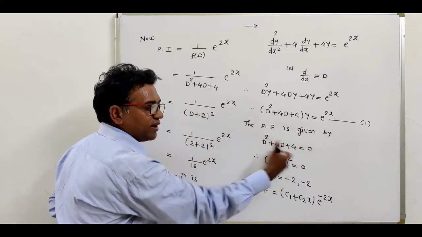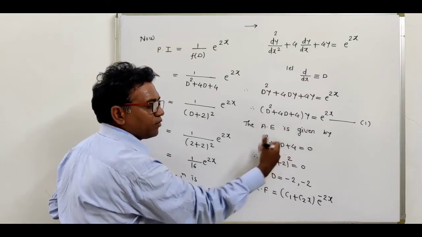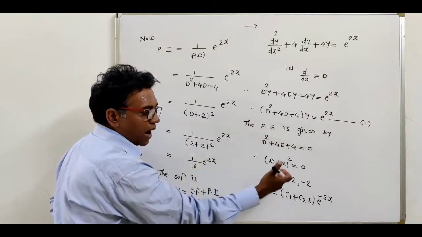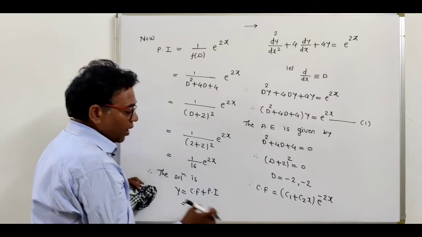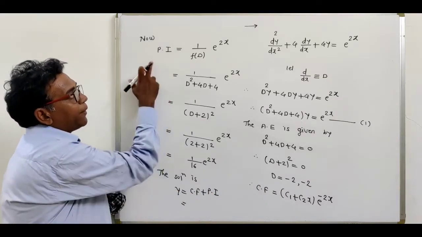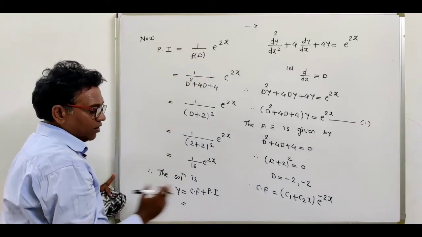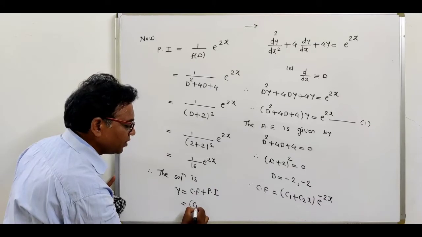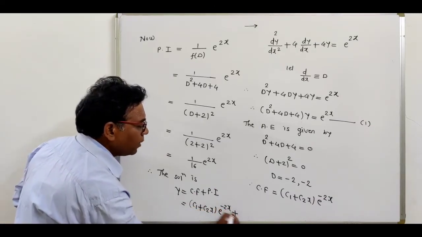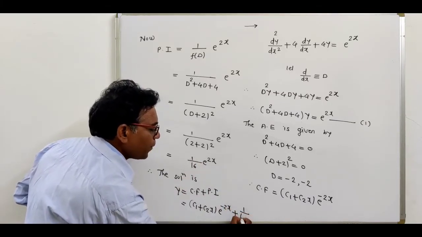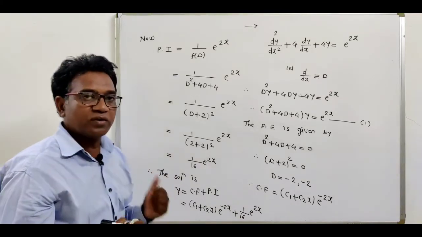Just take its auxiliary equation, that is, take the differential term equal to 0, find the roots and use the particular formula. How to find the particular integral? It is given by 1 upon f(D) into the right hand side. So just put the values. What is the complementary function? It is (c1 plus c2 x) into e raised to minus 2x, plus the particular integral, 1 upon 16 into e raised to 2x. So this is the required general solution.